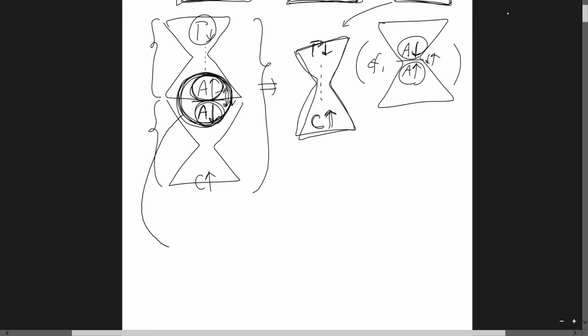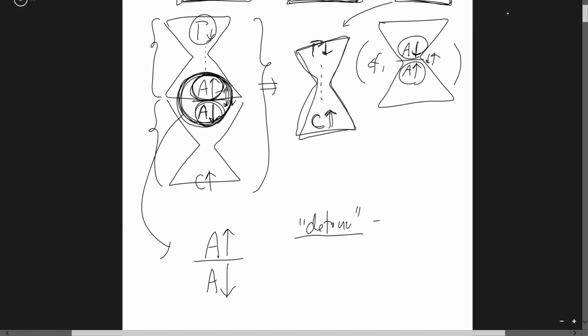And this one basically converts a up arrow into a down arrow. And this is precisely where detour occurs. Recall that detour is basically intro followed by elim.